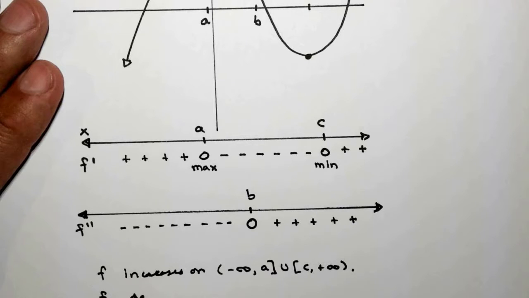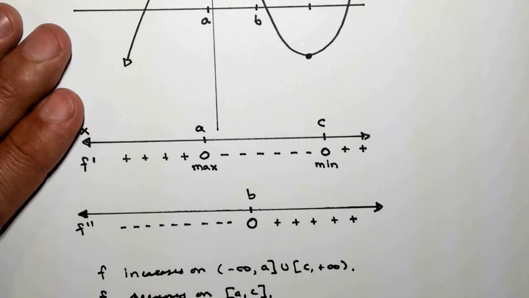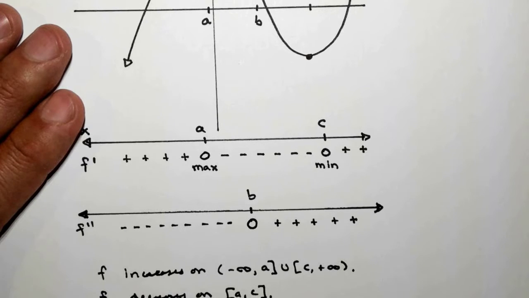We know that f decreases on a to c. We know that f is concave down on negative infinity to b. F is concave up on b to positive infinity.